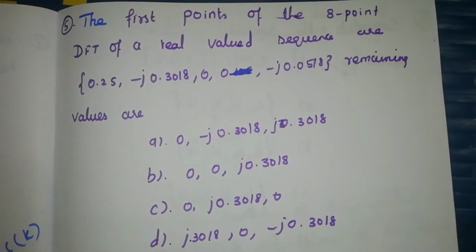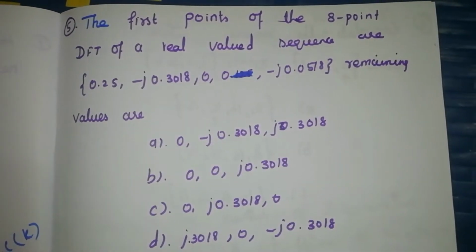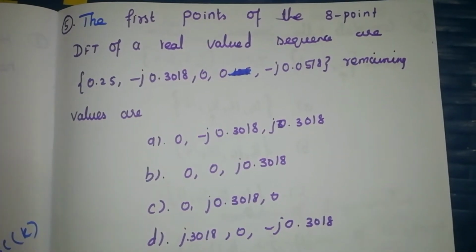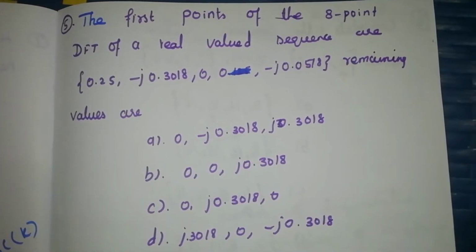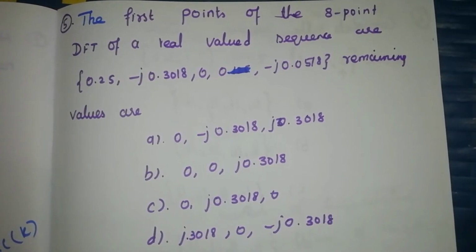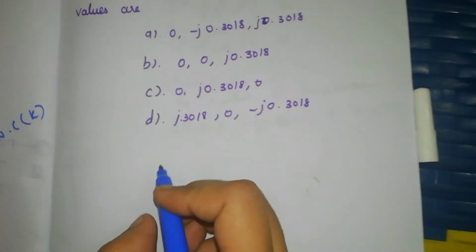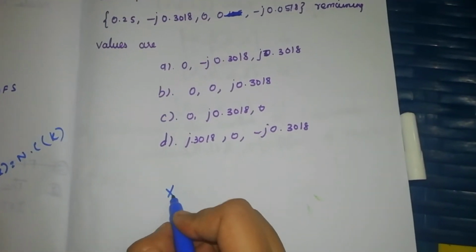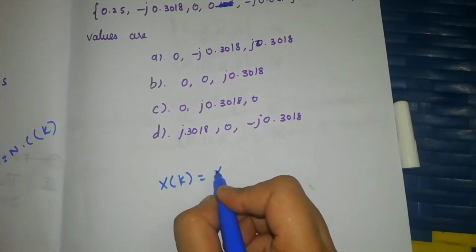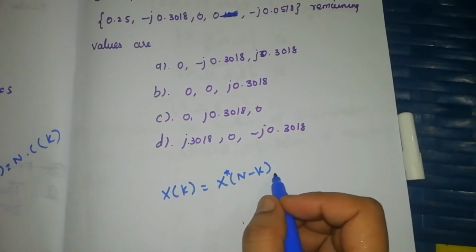Next question, the first five points of the 8-point DFT of a real value sequence are 0.25, minus j 0.3018, 0, 0, and minus j 0.0518. Remaining values are, and the shortcut for finding these values is X of k is equal to the conjugate of X of N minus k.